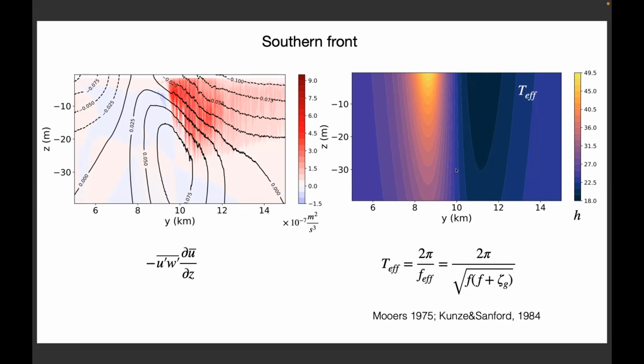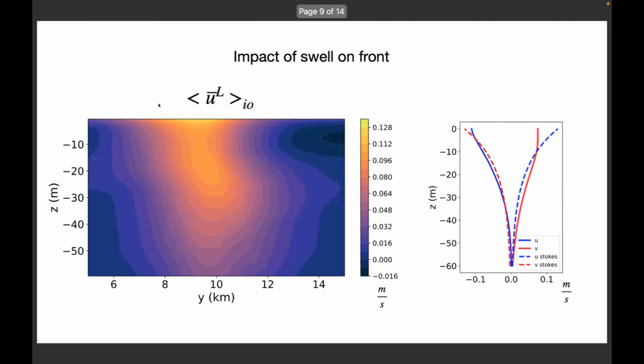On the one side, it is just 18 hours compared to our 1-day inertial Coriolis period, but it's more than 50 hours on the other side. So this projection here is just because the inertial frequency is much faster on this side, and we have stronger shear.